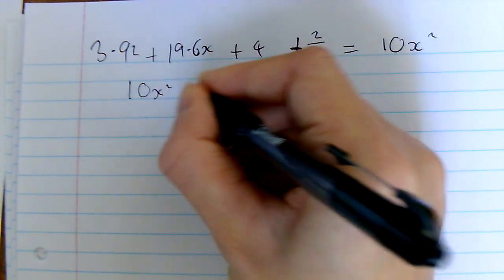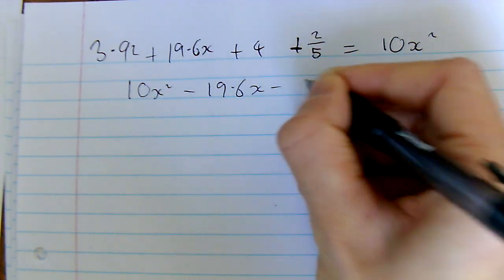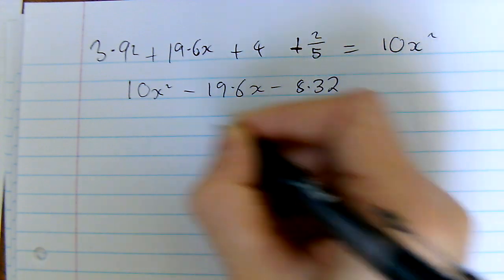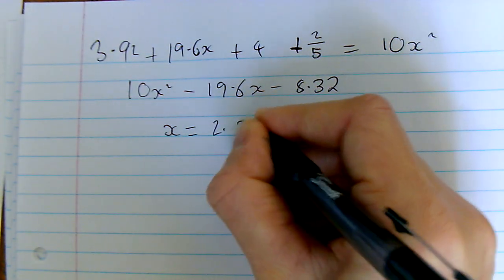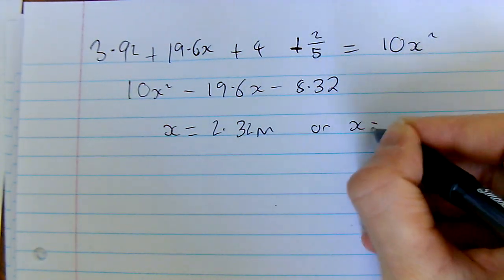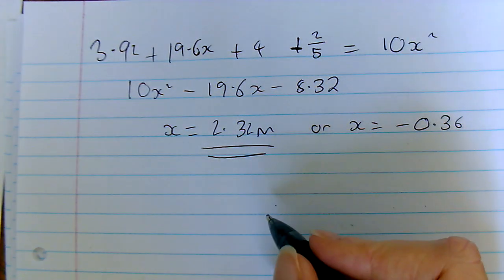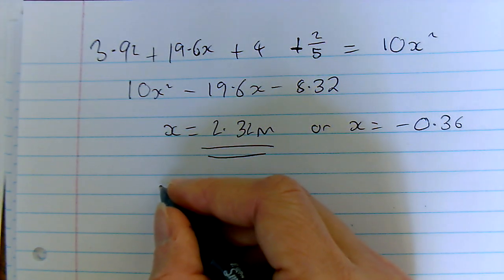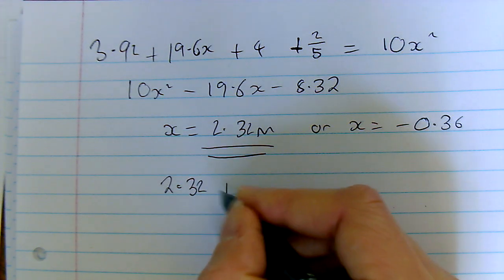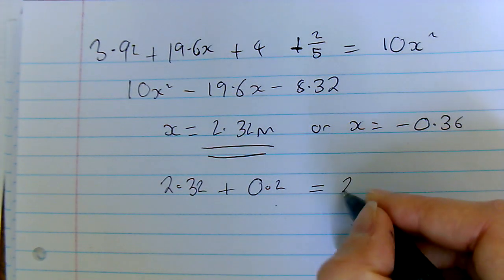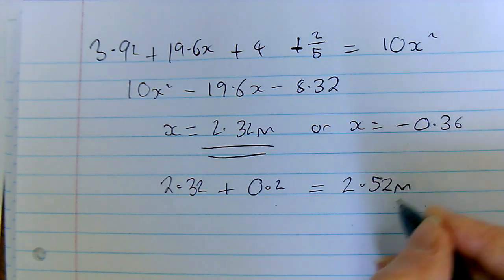Rearrange this and you get that. Factorize that and you get these 2 answers. So obviously you're going to take the positive answer, and then that means it must fall 2.32 plus 0.2, which is 2.52 meters.